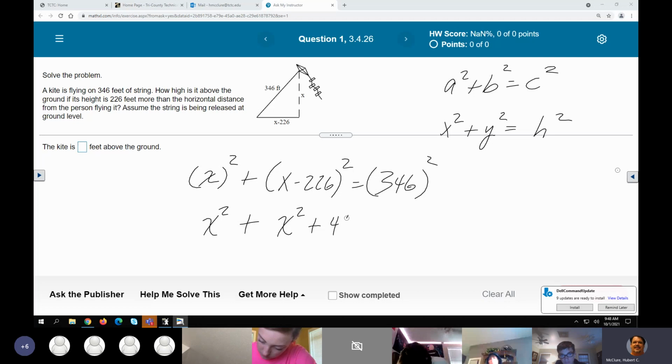Somebody check my math. Plus, somebody do 226 to the second power for me, please. 226 to the second power, what is it? Okay, I'll do it.